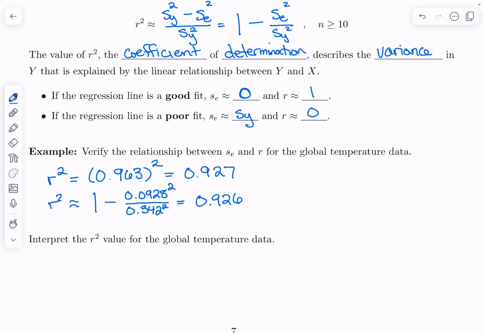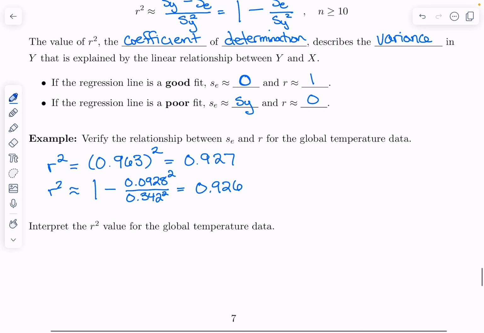Now, what's the significance of r squared? Well, r squared is supposed to describe the variance in y that is explained by the linear relationship between y and x.